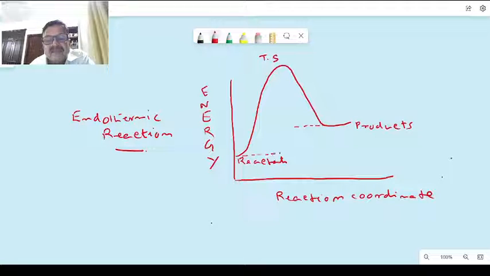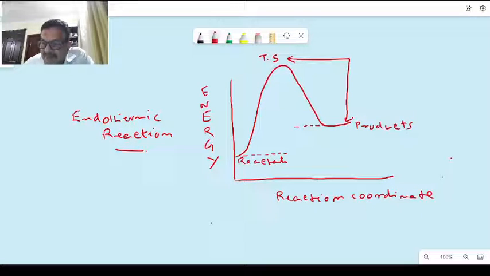So we can see this is the transition state. The energy of the transition state is closer to the energy of the products in the case of an endothermic reaction.